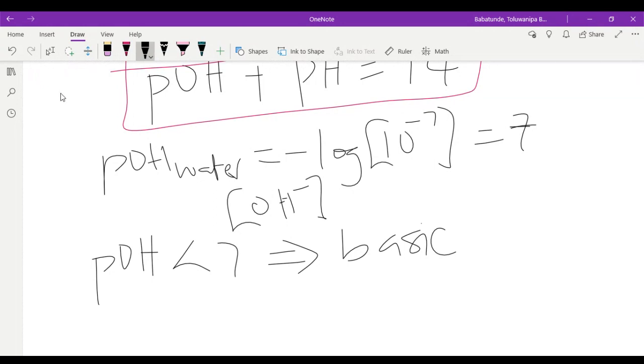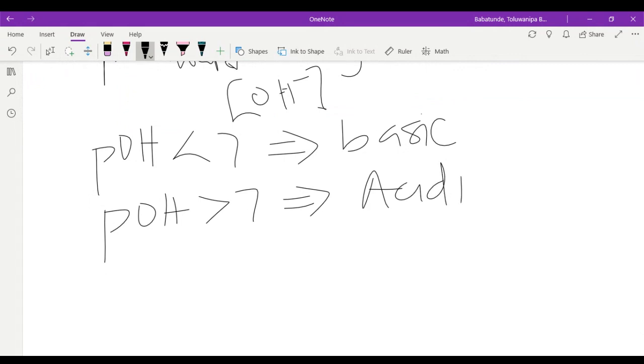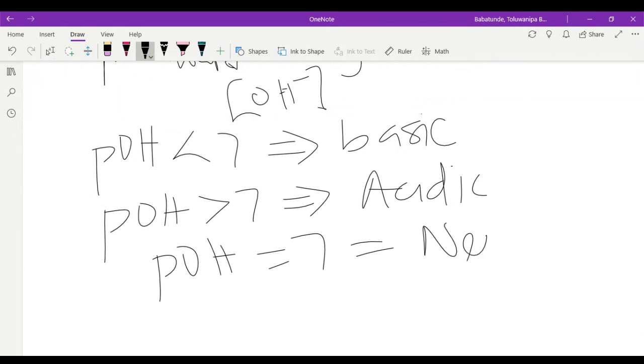When the pOH is greater than 7, the solution is going to be acidic. Of course, when the pOH is equal to 7, the solution is neutral.